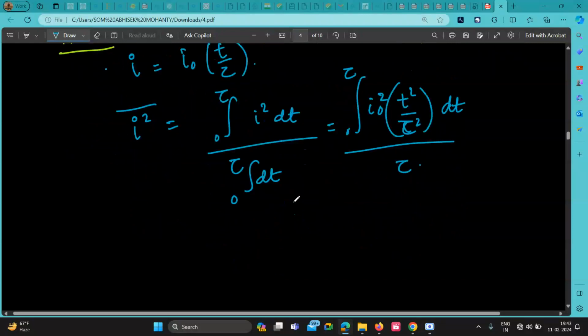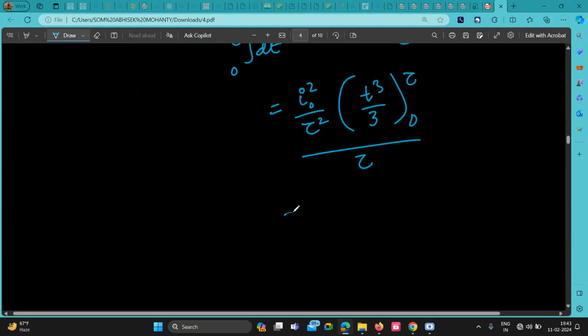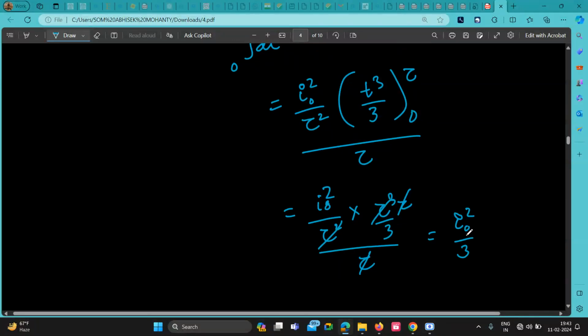So I naught square by tau square goes out. Integral of t square dt is t cube by 3, 0 to tau, divided by tau. Now I naught square by tau square into tau cube by 3 divided by tau. This tau cuts again, so I naught square by 3. Now what will be IRMS here?